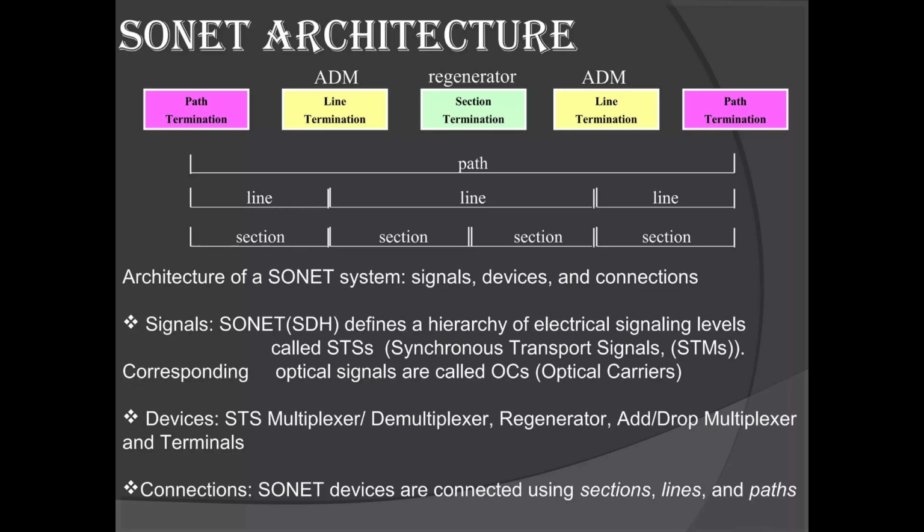I have told you it has 8,000 frames, which means the Sonet signal is able to transmit 8,000 frames per second. Each byte in a Sonet frame can carry a digitized voice channel. The duration of any frame is 125 microseconds.